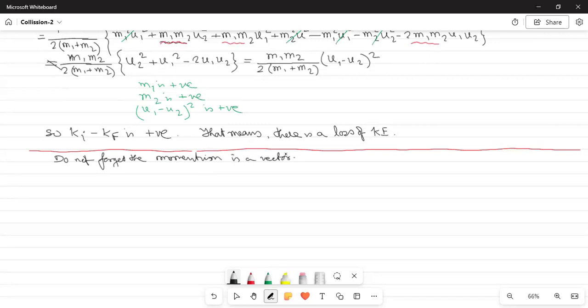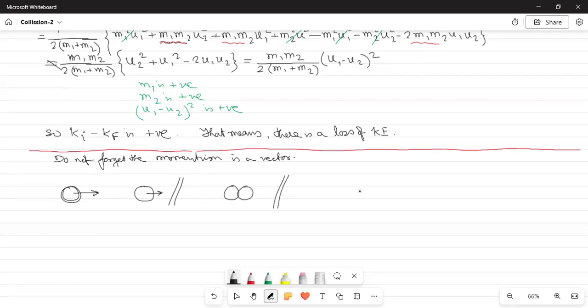Why do I give you this caution? Many times you will find a body moving in this way and another body, it may be static or it may be moving, and after some time they collide.